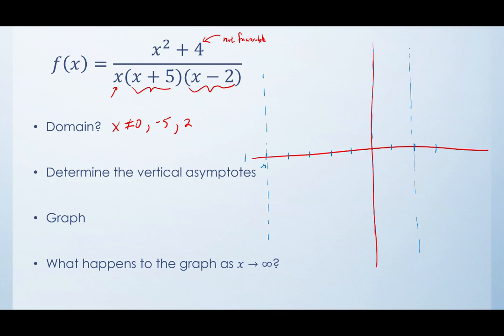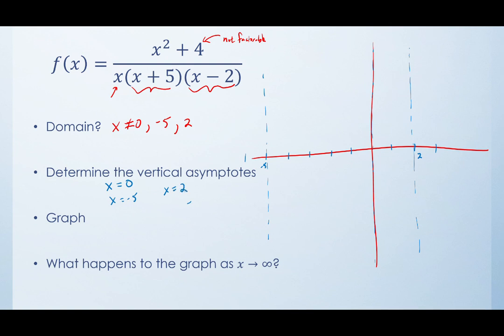All right, and 2. Okay, so what are our vertical asymptotes? Of course, we know this already because there are no common factors in the top and bottom, so there are no holes. So our vertical asymptotes: x equals 0, x equals -5, and x equals 2.